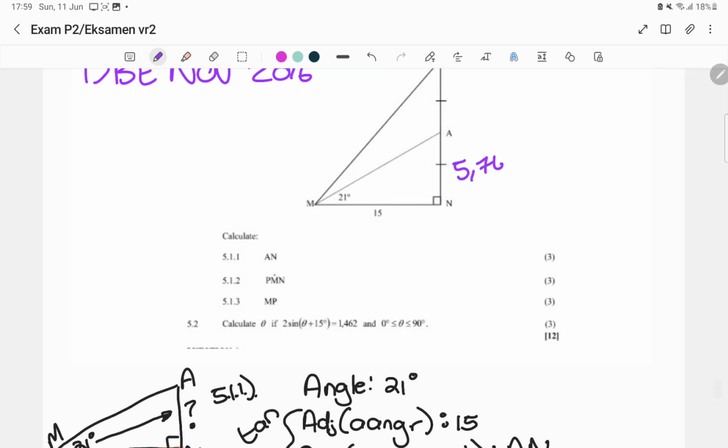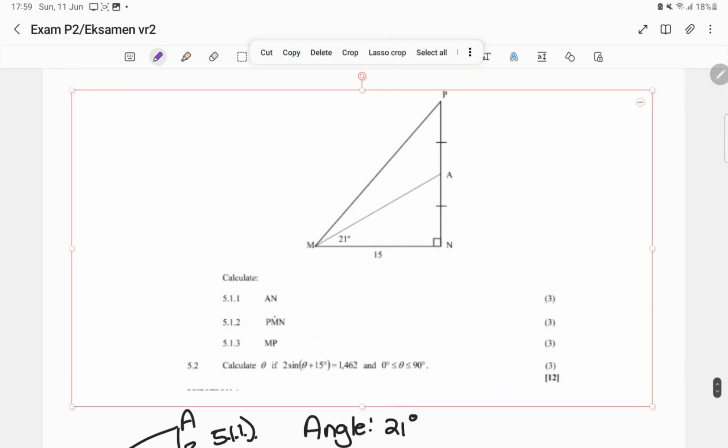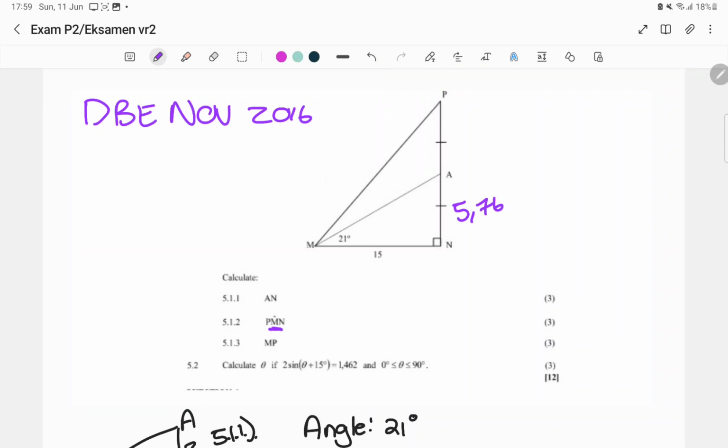Now let's have a look at question number 2. What is the angle BMN? I want to know what this entire angle here is. How are we going to calculate that?